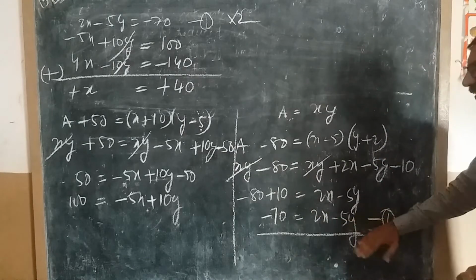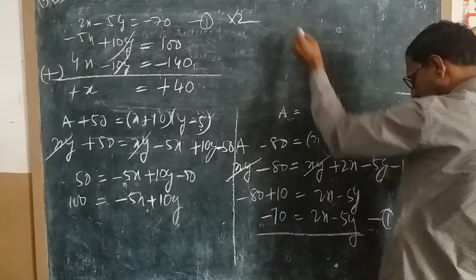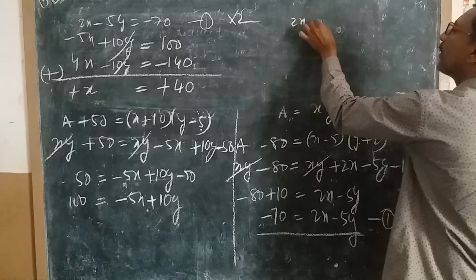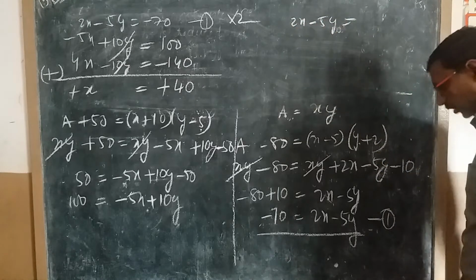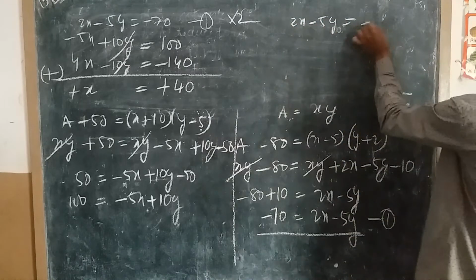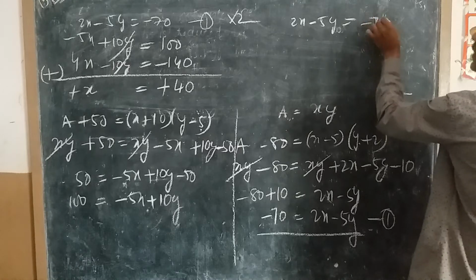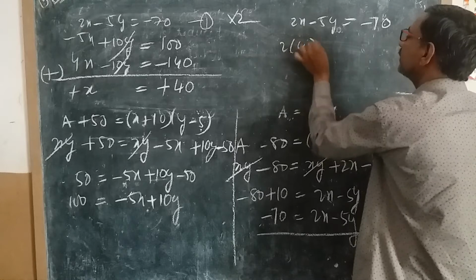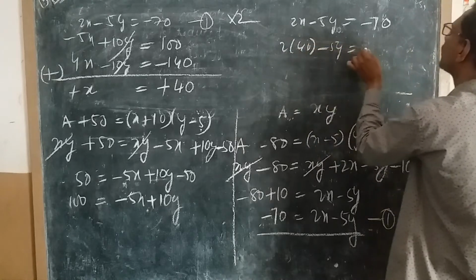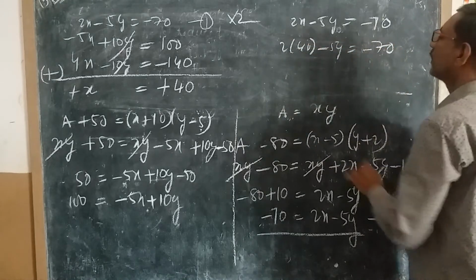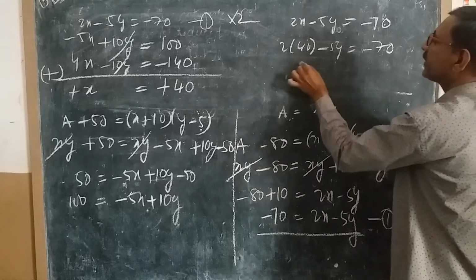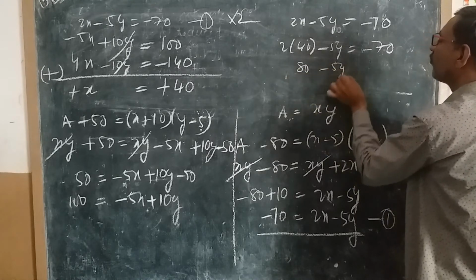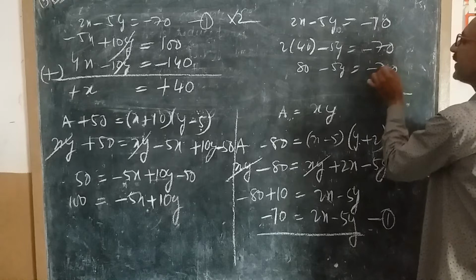So now I will take this equation. What is that? My 2x minus 5y is equal to how much? Minus 70. I will take my x as 40. 2 times 40 minus 5y is equal to minus 70. Then I will take 80 minus 5y is equal to minus 70.